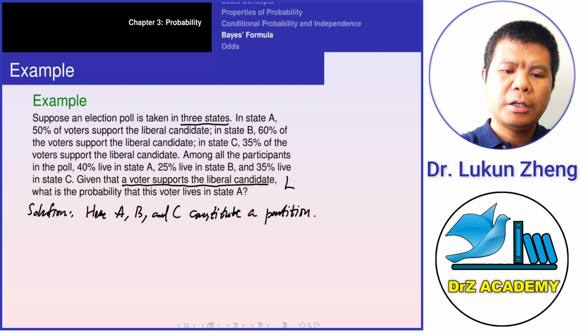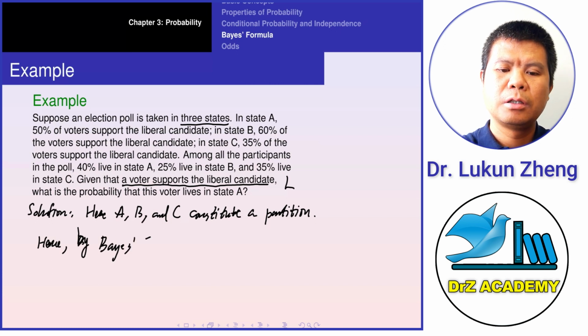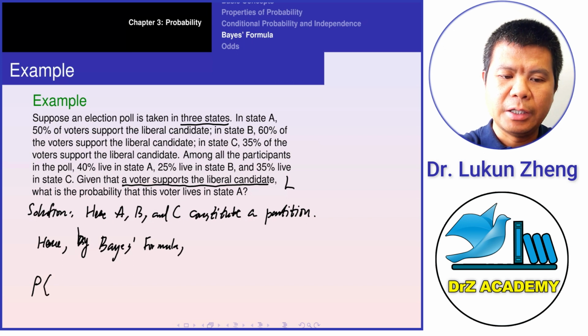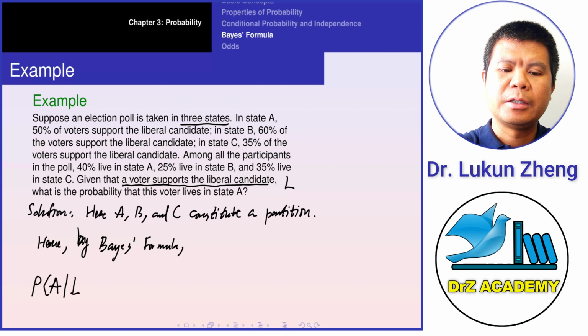Hence, by the Bayes formula, we have the probability of living in state A, given the voter supports the Liberal candidate, equals what?